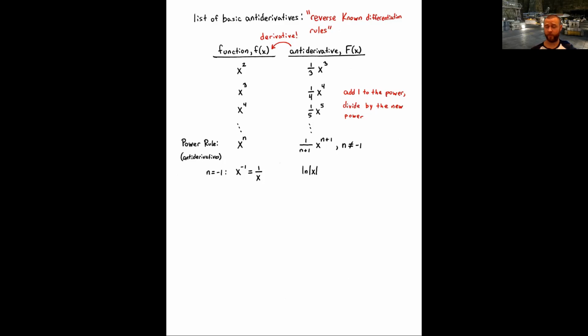And you all do, because you're all experts in everything we've covered in the course so far. You all recall that the derivative of natural log of x is 1 over x. So we reverse that around to now say an antiderivative for 1 over x is natural log of the absolute value of x. The absolute value is there for some technicalities.